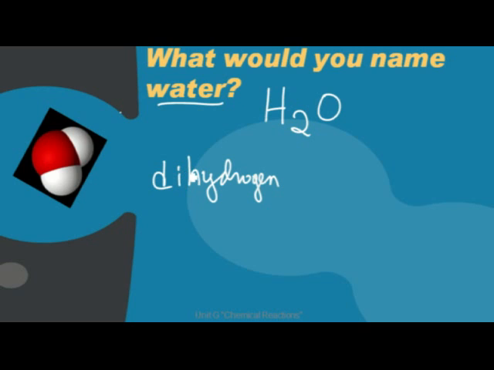Di for 2. And then you want to acknowledge the second element, or polyatomic ion. In this case, it's oxygen. You write down the root, then you add the IDE ending. So it's dihydrogen, and the number of oxides we have is 1, so it'd be monoxide. It would also be acceptable to write down dihydrogen oxide for this molecule.